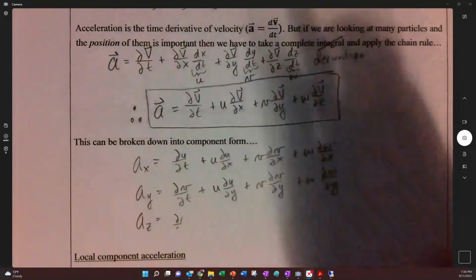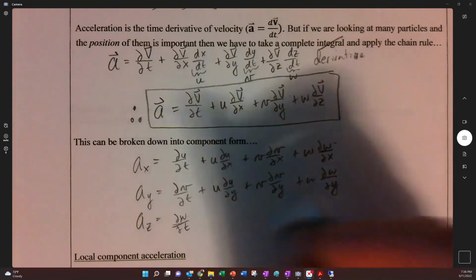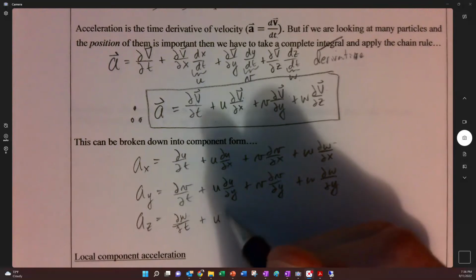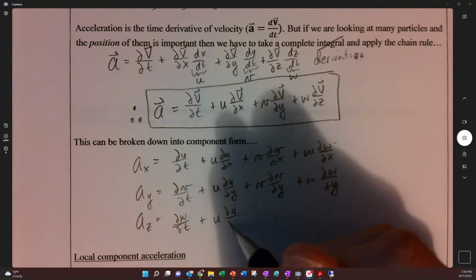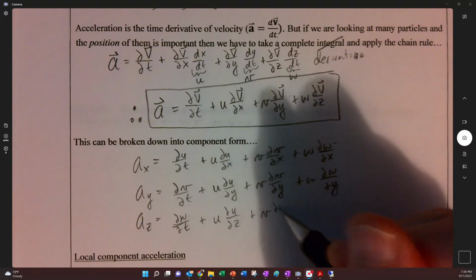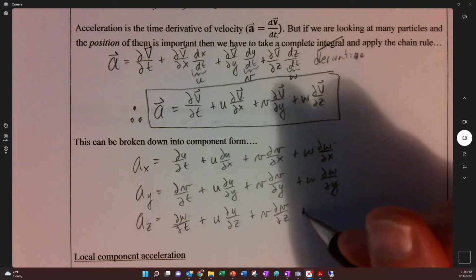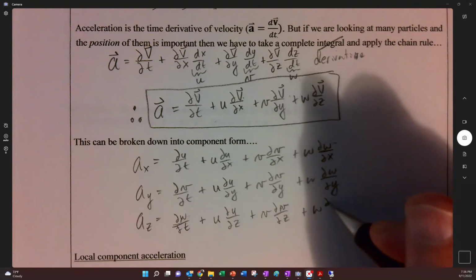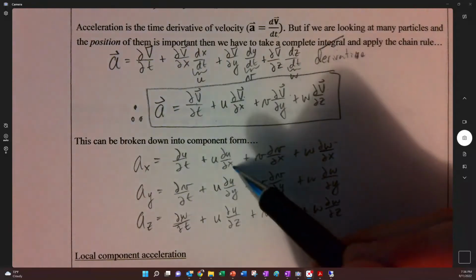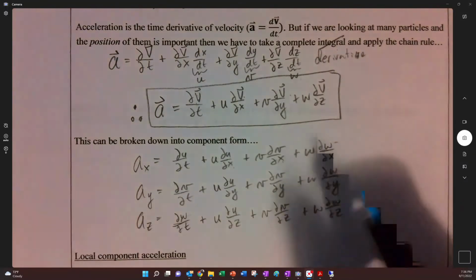Excuse me, the z component, w del t. So this is how the component changes, but we also have to worry about how these other components change with respect to the positions. I think I got that right. Let's double check, there's x's and y's and z's.